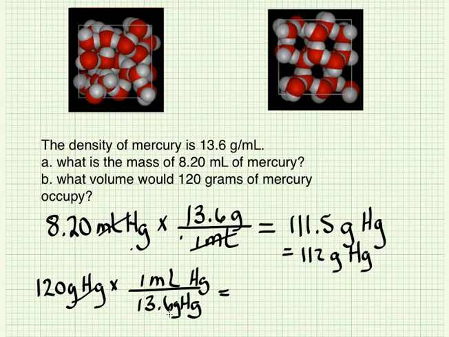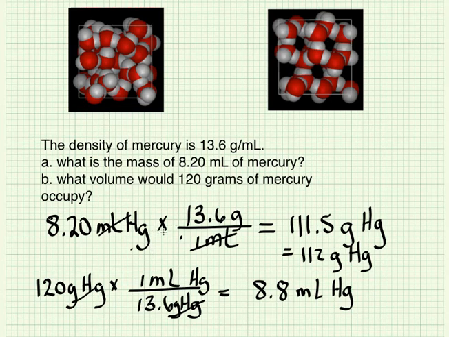Whoops, I should have a gram of mercury there. So we take 120 divided by 13.6, and I get 8.8 milliliters of mercury. Now, I made my answer 2 significant figures, and the reason I did that is while the density is 3, this 0 is just a placeholder. It's simply telling me how big the number is. So we've calculated those 2.